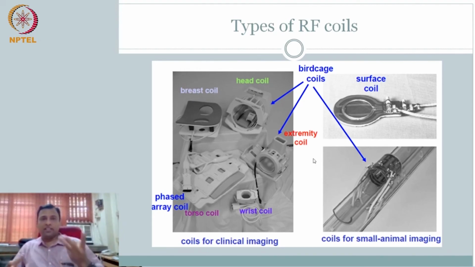The instrumentation, the three major components, we have covered. Now we need to see how we use all these components. We understood the physics, so how do we use this to realize the data and organize the data so that we can go to image formation?